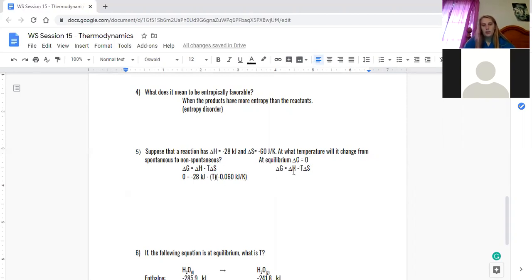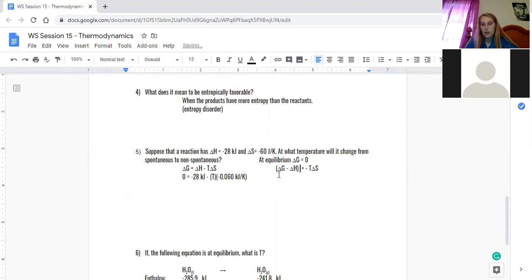So I would have moved delta H over to the other side, so it would have ended up being negative over on this side. And then this whole thing would have been negative, so we need to get rid of that negative. So this would have been divided by negative delta S over here. Go ahead and put parentheses.